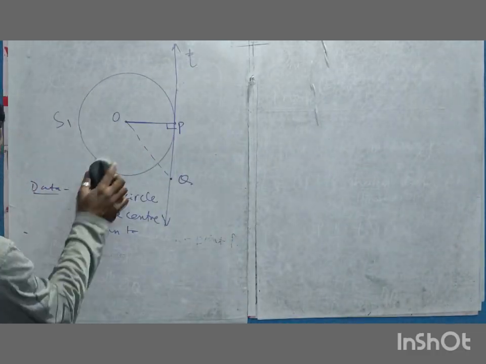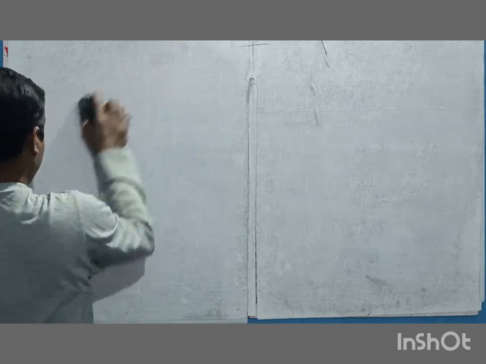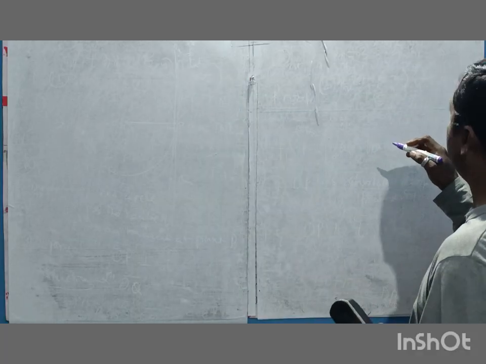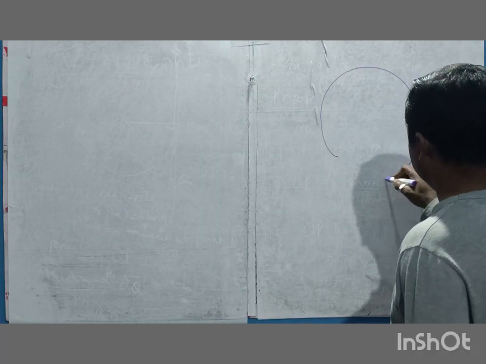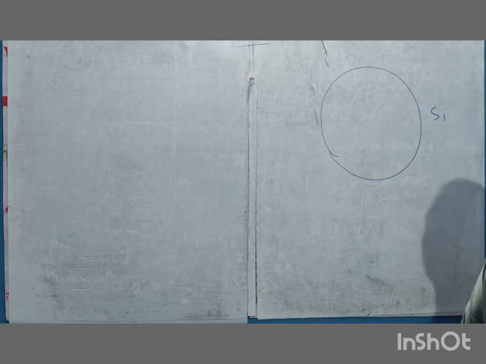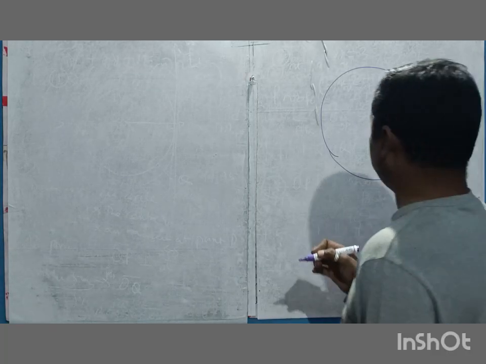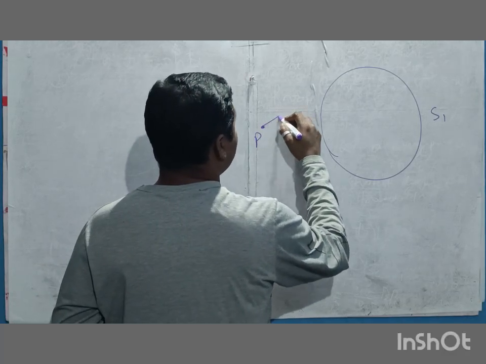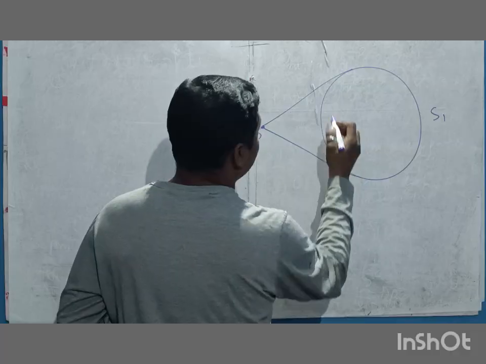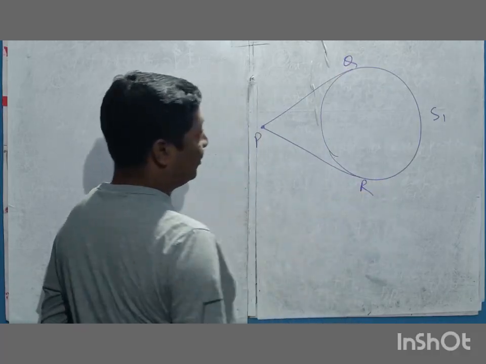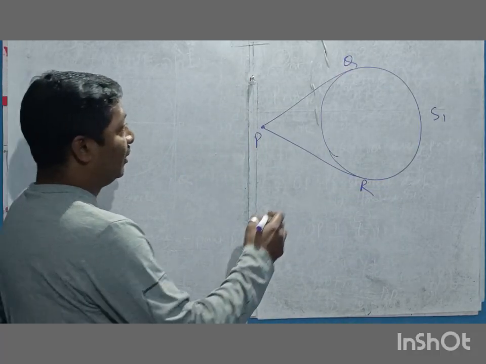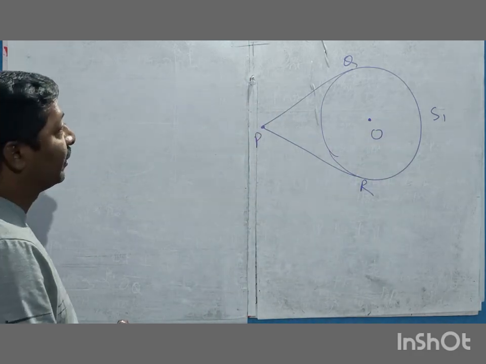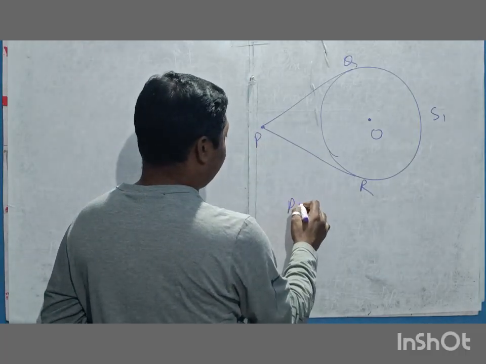What is 10.2? The lengths of the two tangents drawn from an external point to a circle. Suppose this is a circle S1, this is an external point P, and two tangents PQ and PR are drawn, and this is the center O. You have to prove that PQ equals PR.